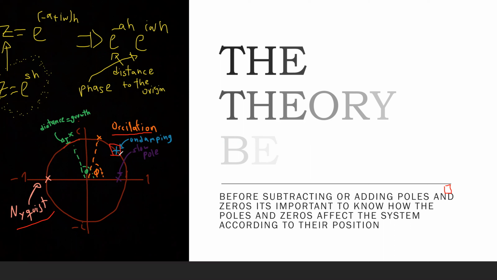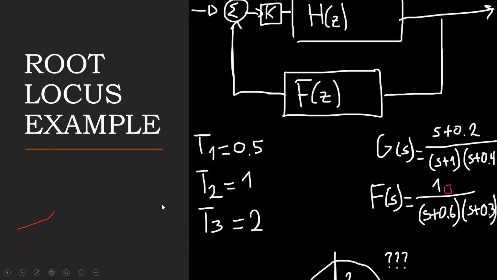If it were more inside, it would have a little more damping. Here we have the slow pole because it's close to +1. So yeah, this is how the poles behave. These are a few examples and circumstances of behavior of the poles in the Z plane.